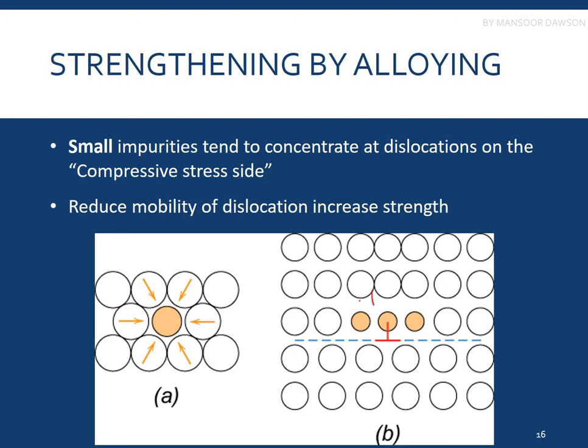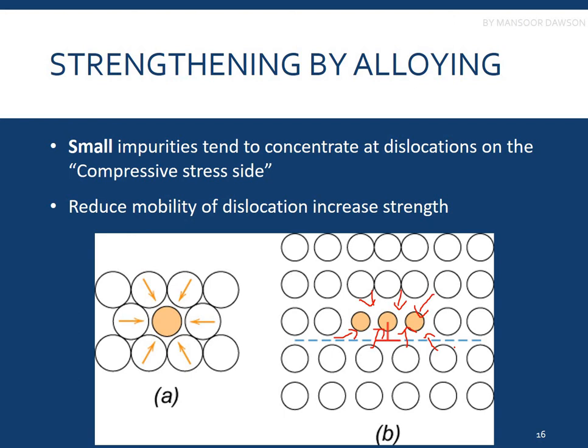These atoms will be applying stress to these foreign atoms, and when the stress is applied, you can see that these atoms would cause hindrance again in the dislocation movement.